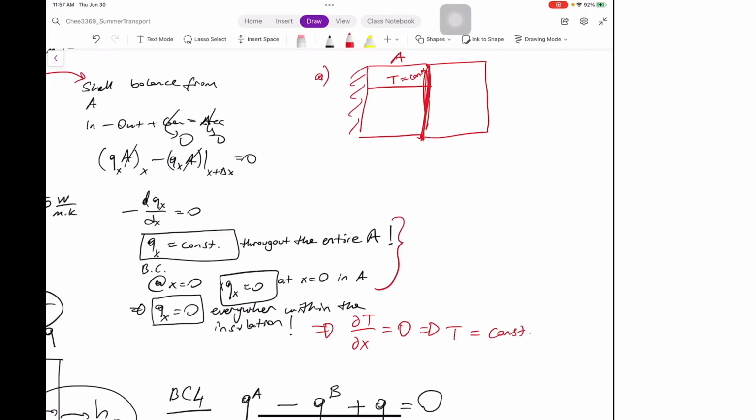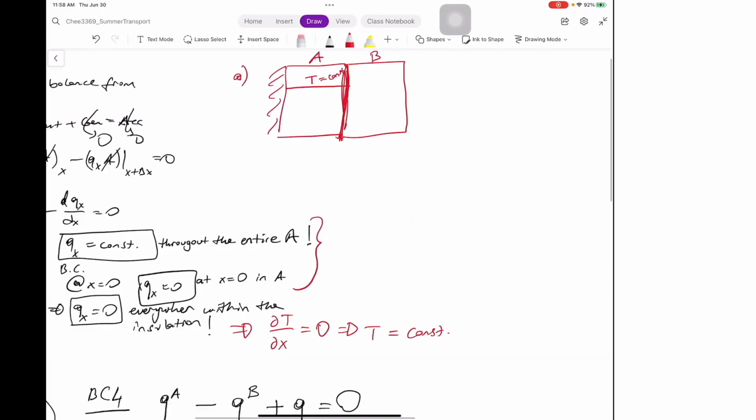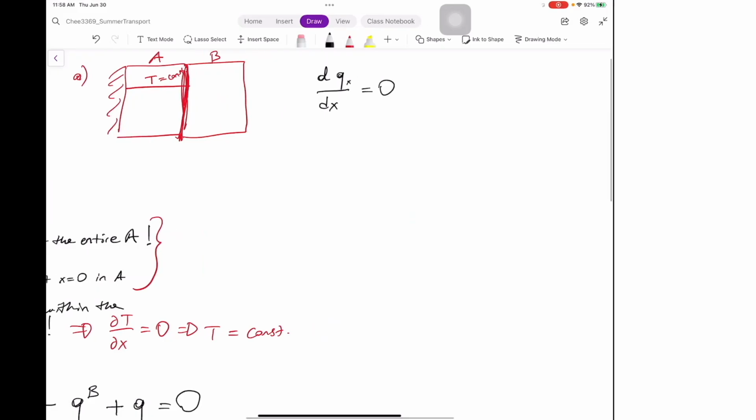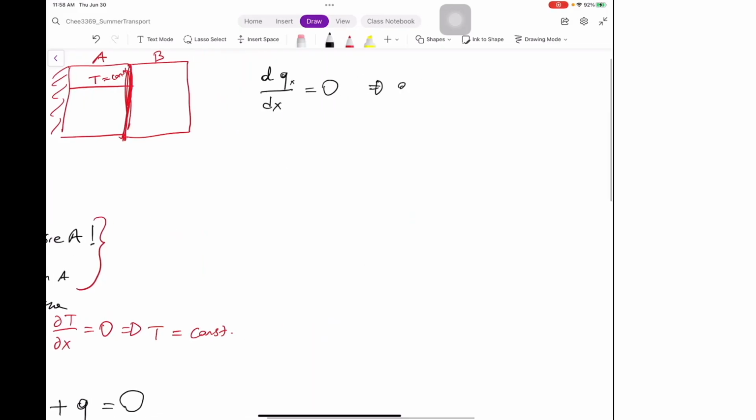And we should find what's going on in B too, right? If you do the shell balance for the B, you would get exactly dQ over dx is equal to 0, right? And from here you would get Qx is constant for the B side as well. Let's call it C1.